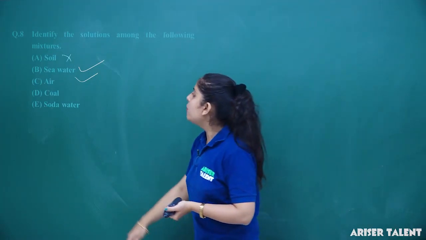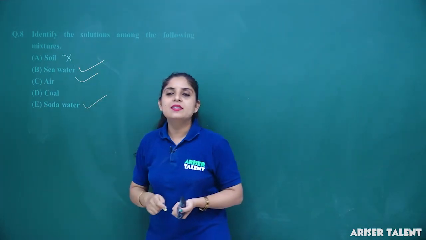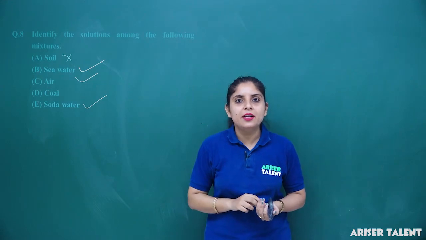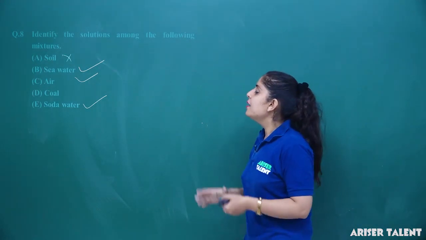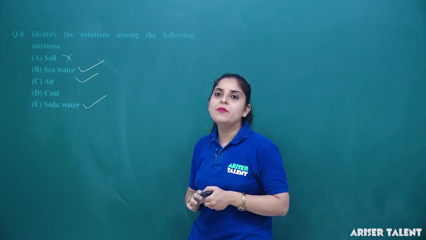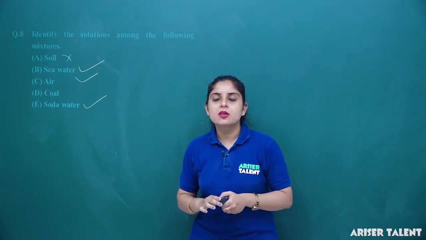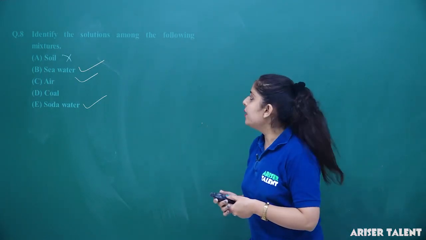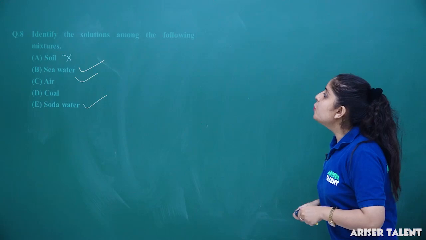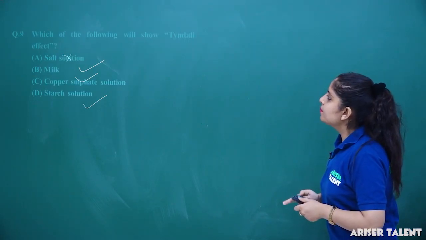Soda water is again a solution because gases are dissolved in a particular type of water. So in the given list, you can see that seawater, air and soda water are actually the solutions. So you can see, these are very simple questions from your NCERT. Clear? Now let's move forward to question number 9.